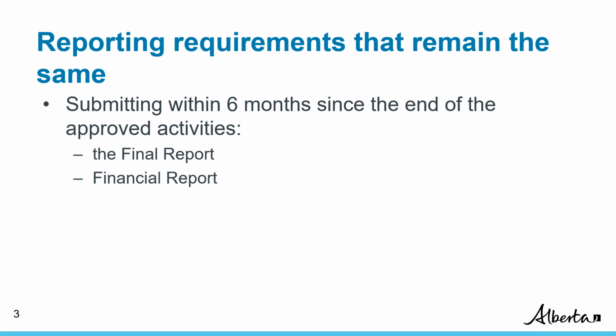Reporting is due within 6 months since the end of the approved activities. And I would like to remind that the program is either 12 months or 24 months long, depending on each organization's project and the signed agreement. Those who have already received the grant before know that there are 2 documents you had to submit.